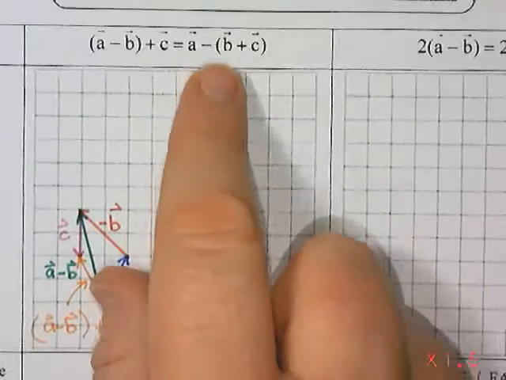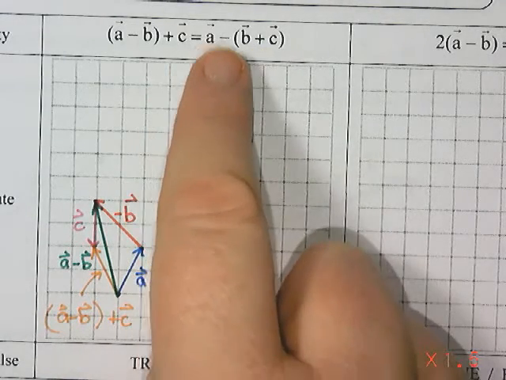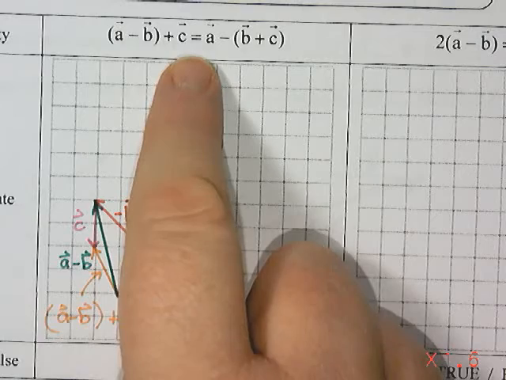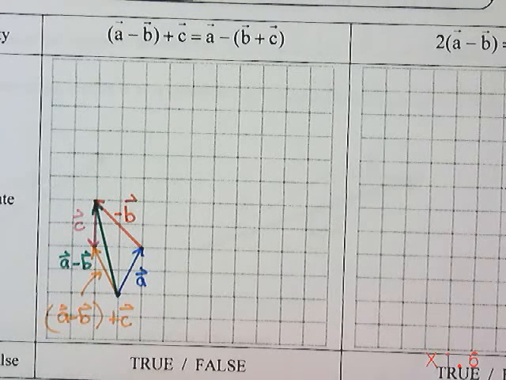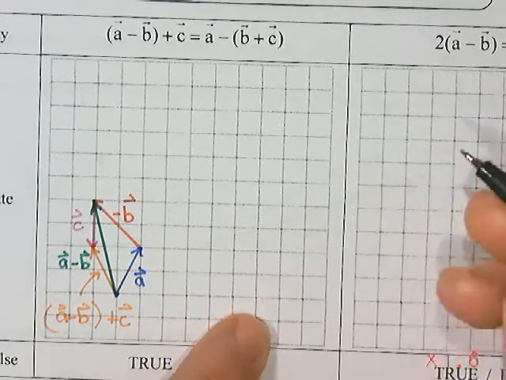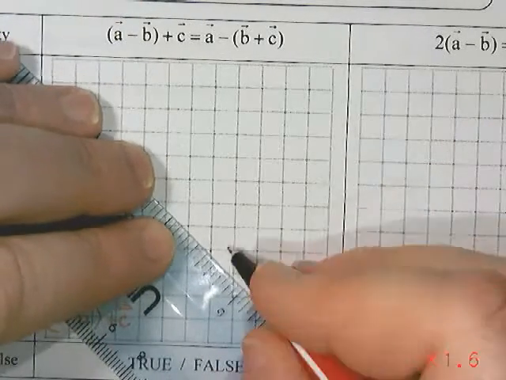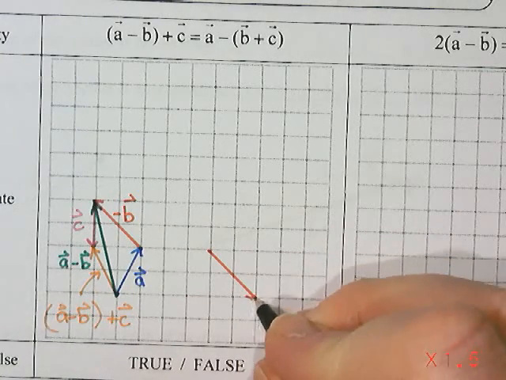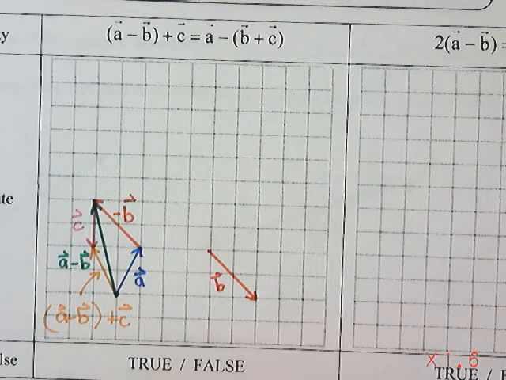So this side is asking us to do B plus C first, and then we're going to end up taking that away from A. So I think I need to add B and C, see what we get, and then we will subtract that from vector A. So B plus C. So my B goes 2 over 2 down. So this is B. And then we're adding C. C goes straight down 2 squares.